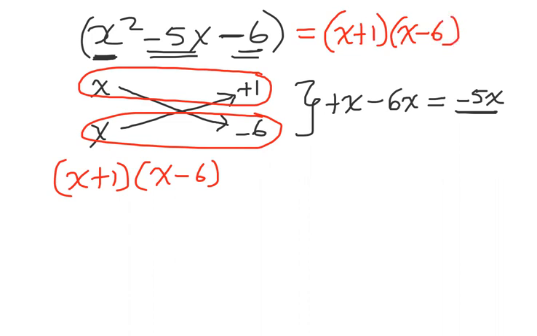Now let's see if we had chosen different numbers here and here, whether that will work. If you had x squared minus 5x minus 6, and you chose x and x here, and maybe you chose 2 and 3. 2 and 3 multiply, but they do not give you minus 6.